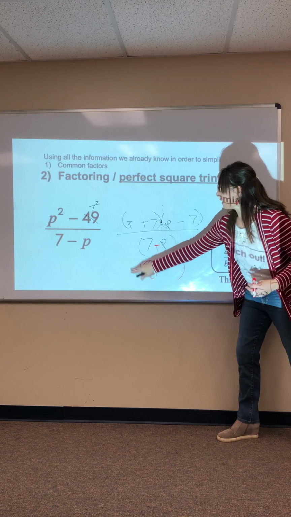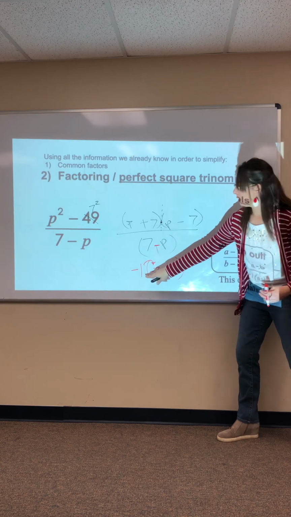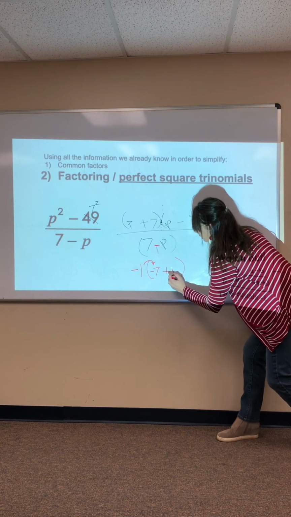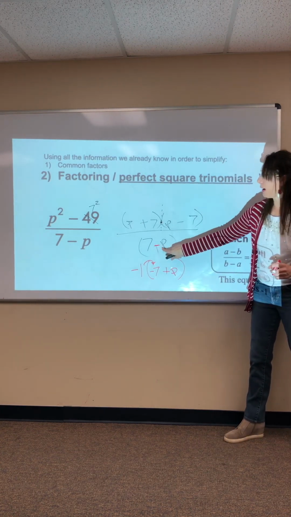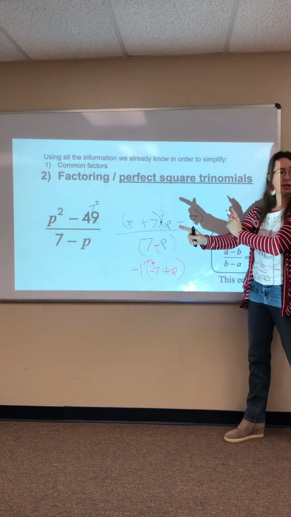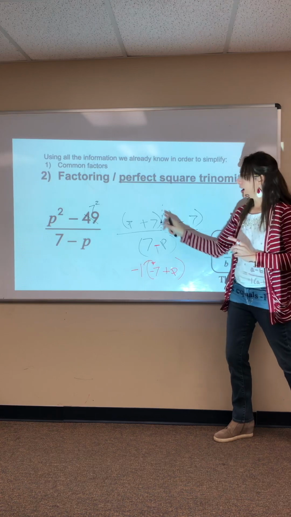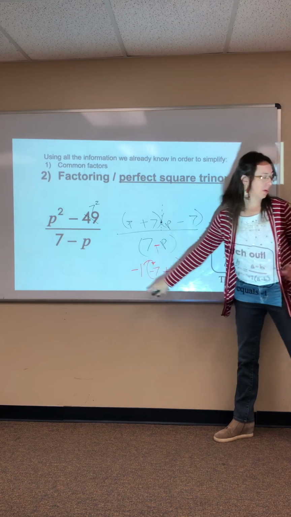If I have a negative 1 on the top, how would I get back to a negative p? A positive p. So we can take 7 minus p and switch their places if we factor out a negative 1.